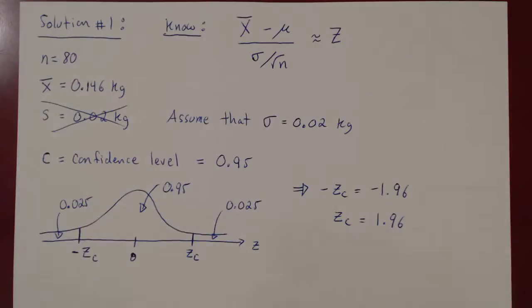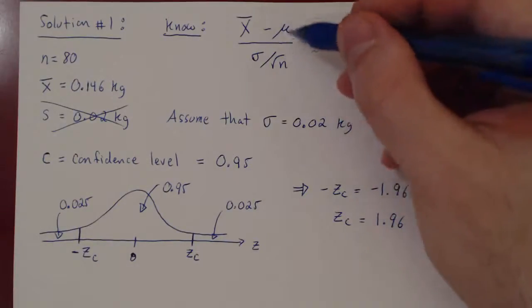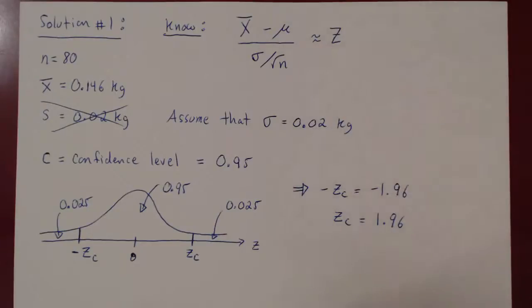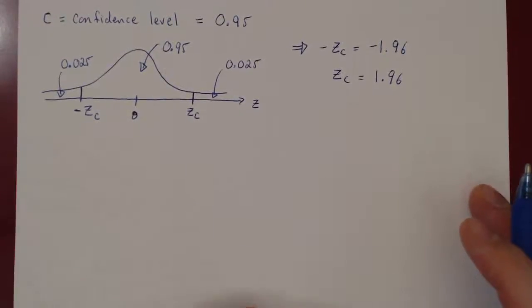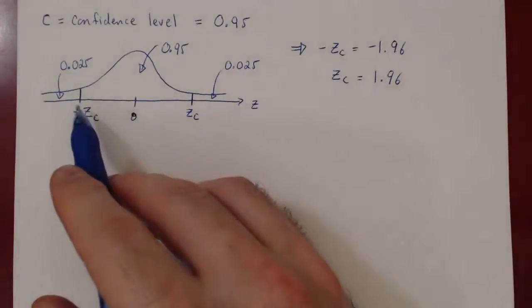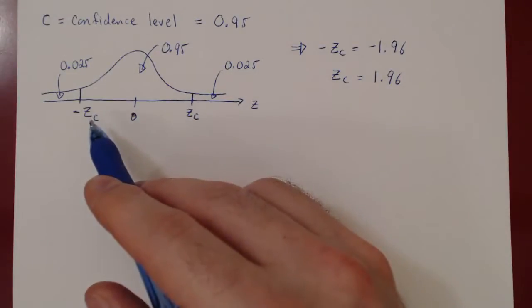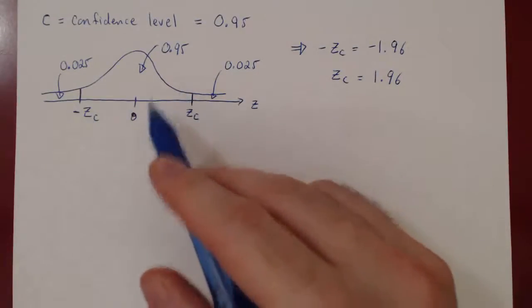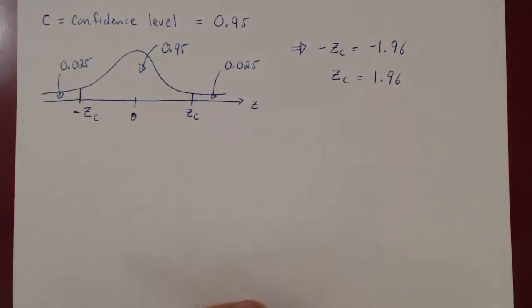And now let's see what we have. We will have a 95% confidence interval for z, and we will then solve for the mean. So look at this now. The area between negative 1.96 and 1.96 is 0.95.